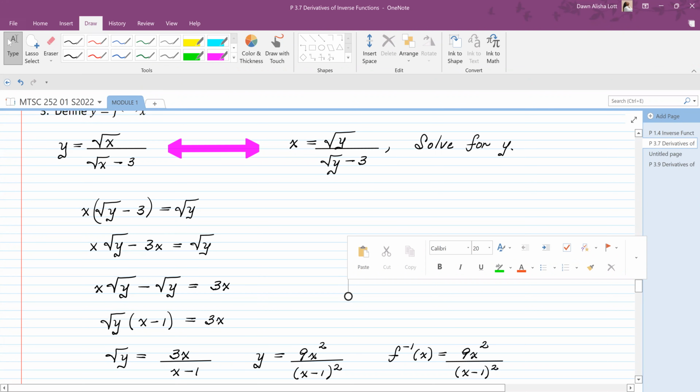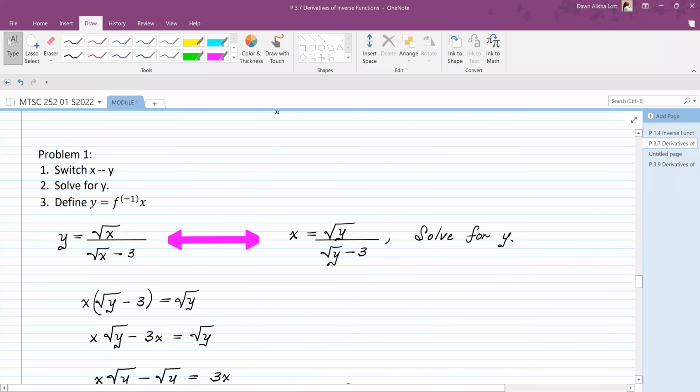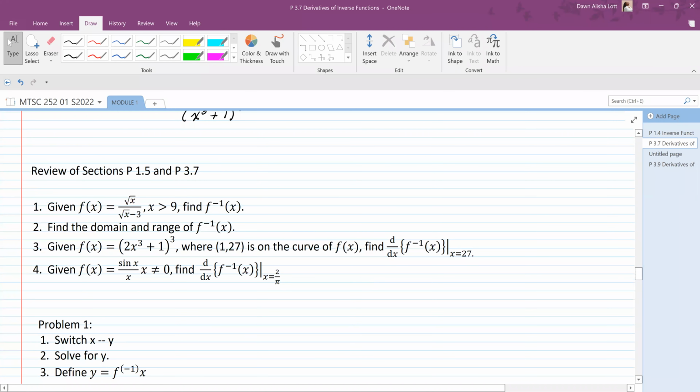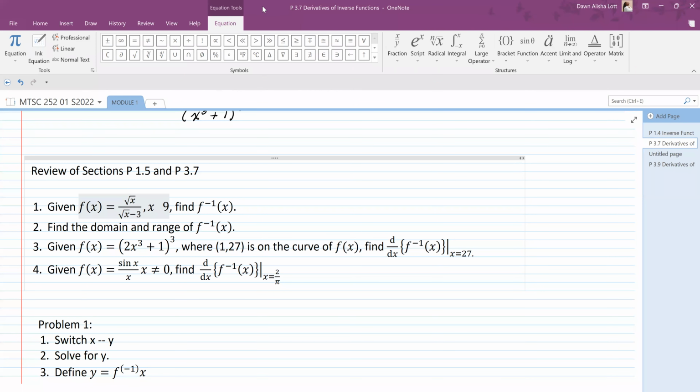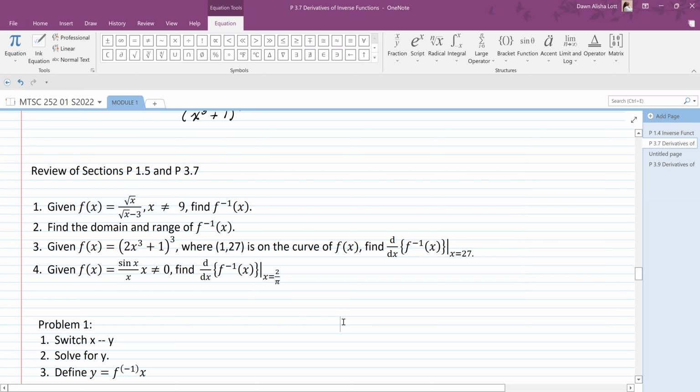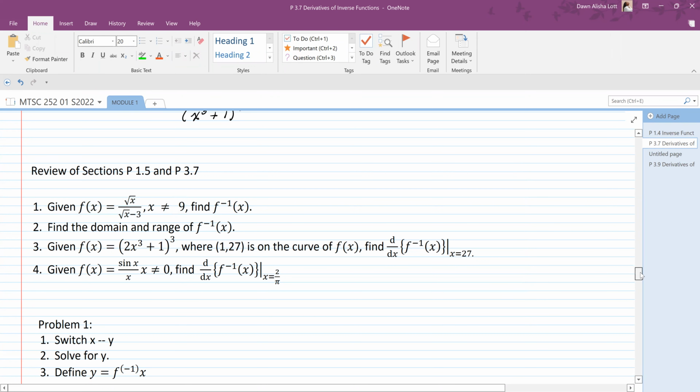Okay, so the domain, if we go back and look at this problem, I'm going to make this even easier and say x is not equal to 9. So anything else can go in the function except for 9.